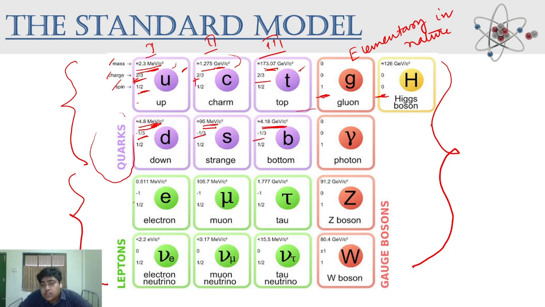Now, one question must arise in the mind: why are the charges not integral? Why are they 2 by 3, 1 by 3, and all this? I'll show you the reason.